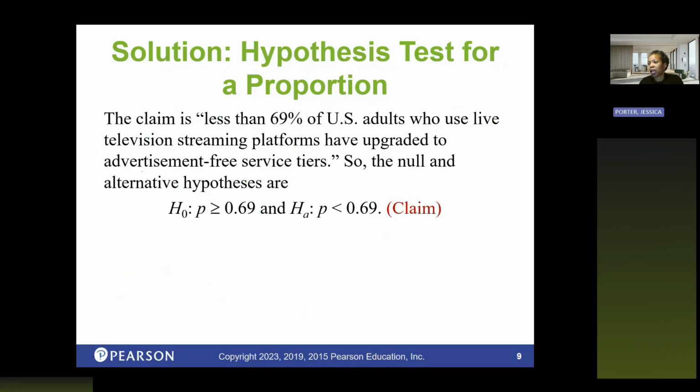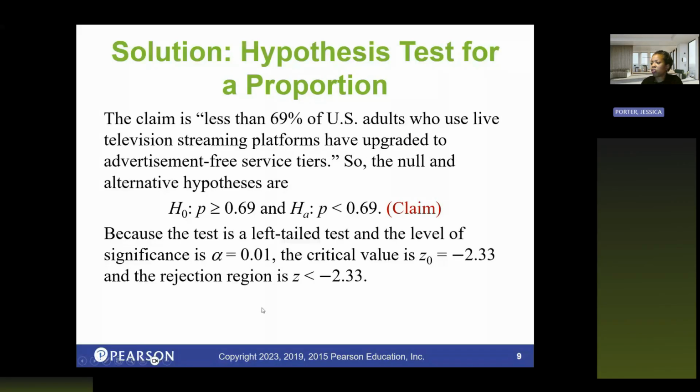All right. The claim is that less than 69% of US adults who use live television streaming platforms have upgraded. So the null and alternative hypotheses are listed here. The z critical value for alpha equals 0.01 is negative 2.33.